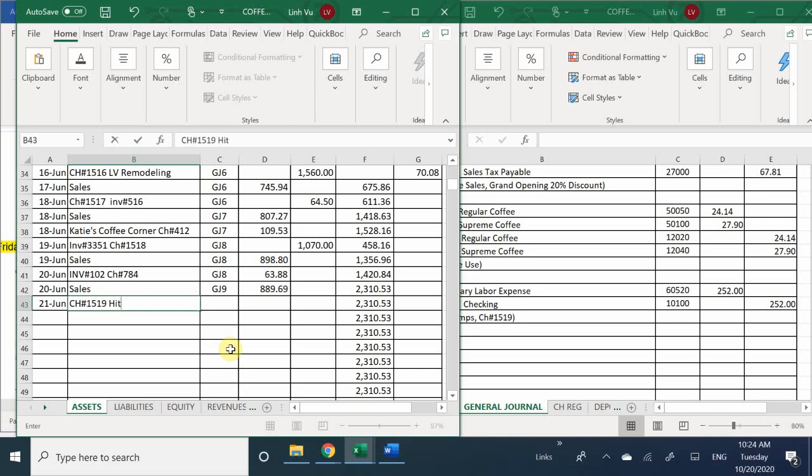You can put the person, but your check number should have the person's name on there. Okay. General journal number 9. Am I crediting or debiting my account? Credit for 252, bringing me my new grand total of $2,058.53.